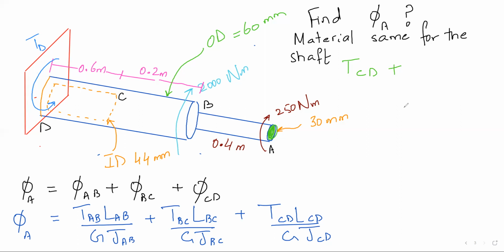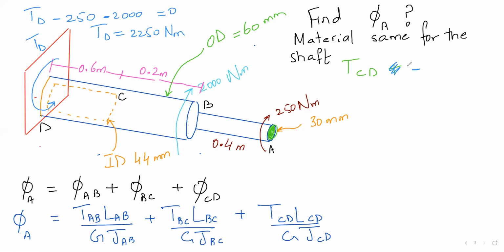Anyways, now I have started, so let me finish. T_CD is anti-clockwise, and 250, 2000. So I will have T_D minus 250 minus 2000 equal to 0. So the support has 2250 Newton meter.